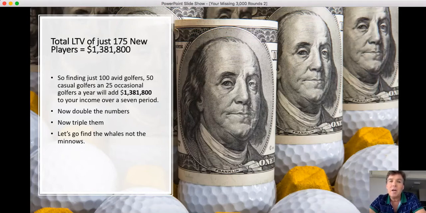So finding just 100 avid golfers, 50 casual golfers, and 25 occasional golfers will add $1,381,800 to your income over a 7-year period. Now double the numbers. Now triple the numbers. Now let's go find these players.